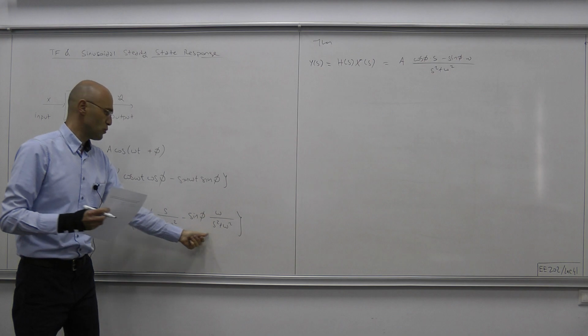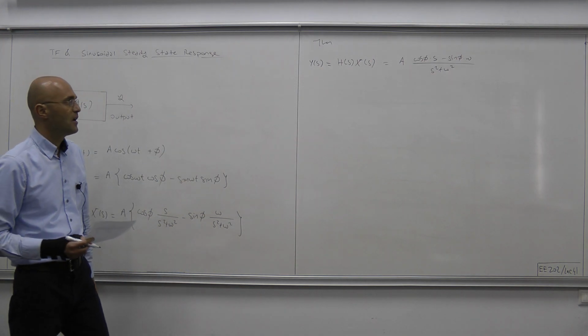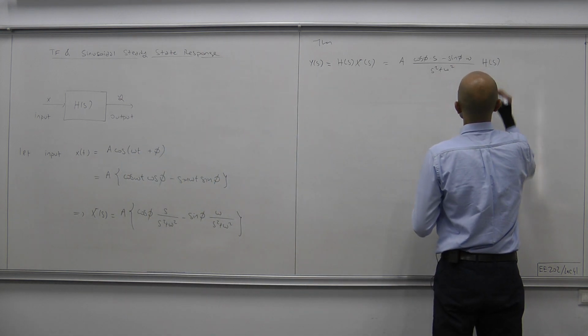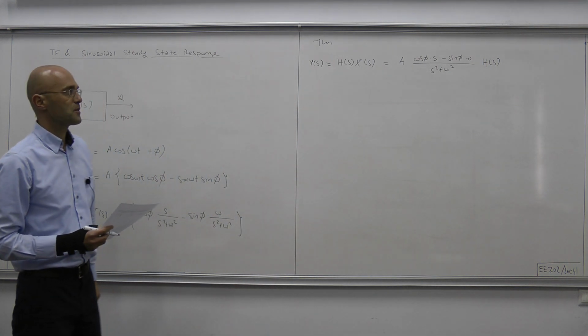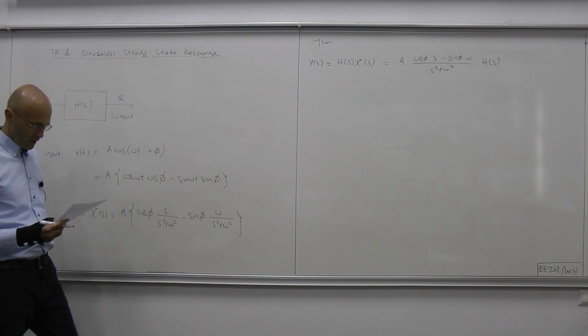We wrote these two terms in a single fraction. That's our x of s, and it's being multiplied by the transfer function h of s. This is the response for this sinusoidal input.